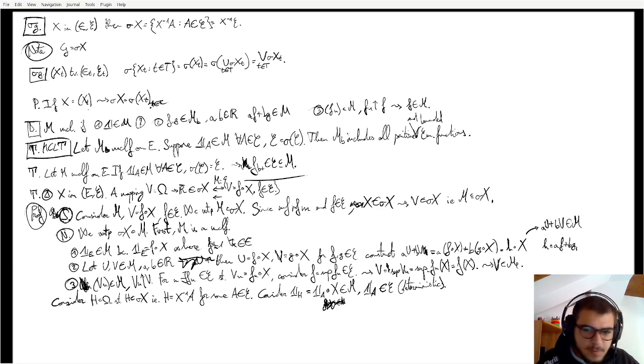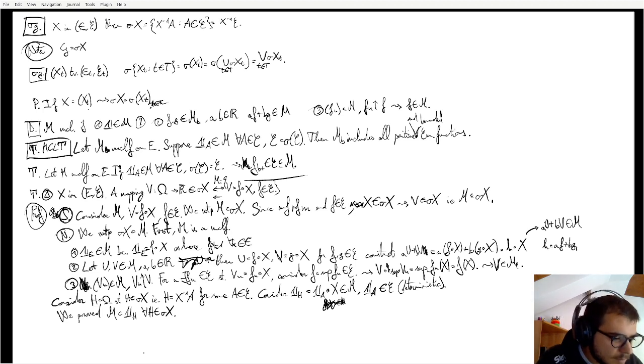So we have proven that M contains all the indicators of events which are measurable with respect to the sigma algebra generated by X. Applying the monotone class theorem for functions, we have that M contains all positive random variables that are sigma X measurable.